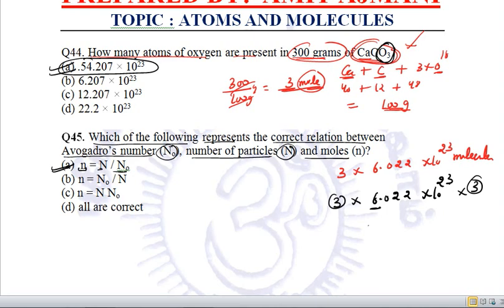Practice these questions based on mole concept, and practice making the chemical formulae by learning the valencies. These are the two most important things in this chapter, and we have already seen what type of questions have come from this chapter during the past few years.